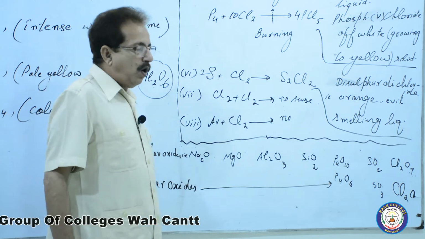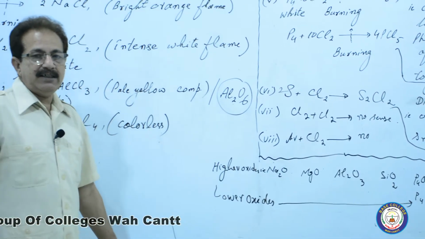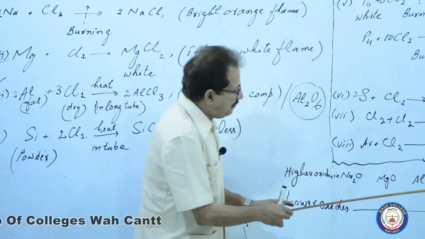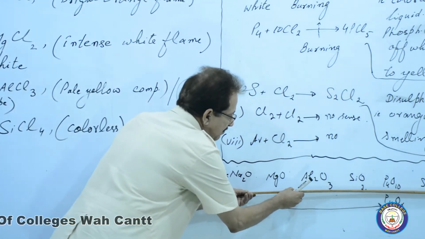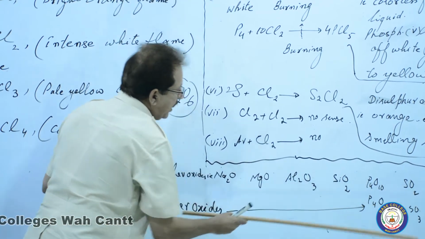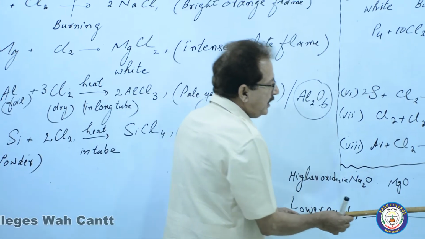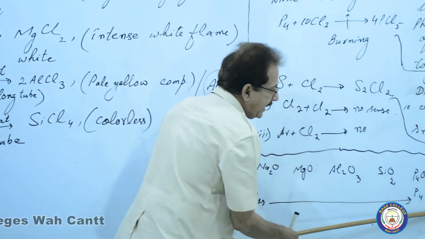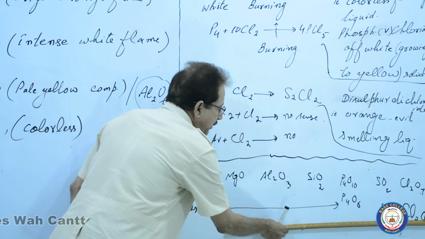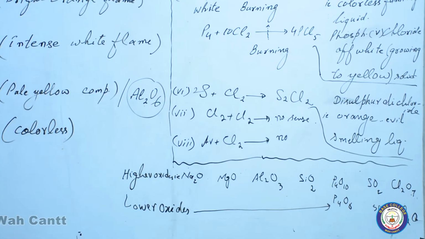These are all the oxides of the elements of the 3rd period. The upper oxides, which are present above this meter rod, are higher oxides, while the lower ones, P4O6, SO3 and Cl2O, these three are named as the lower oxides.